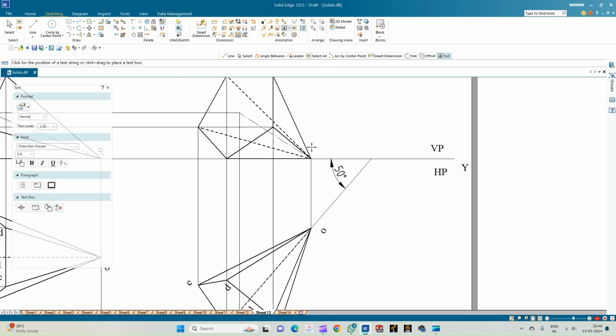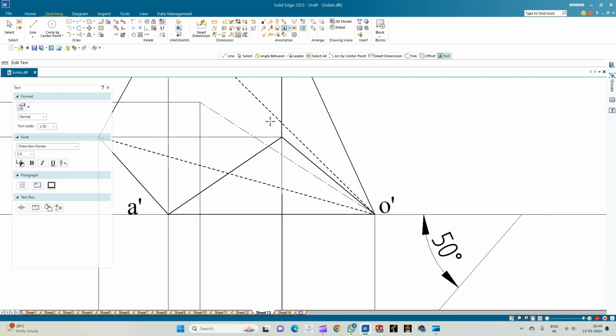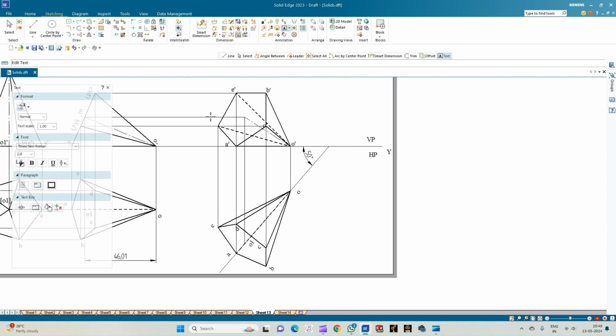So we will annotate. So this is O dash, and this is A dash, and this is B dash, and this is E dash, this is C dash, this is D dash.